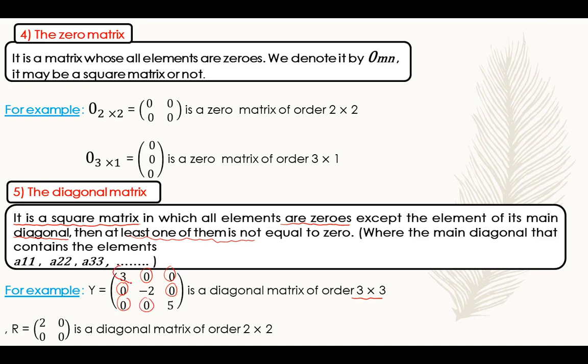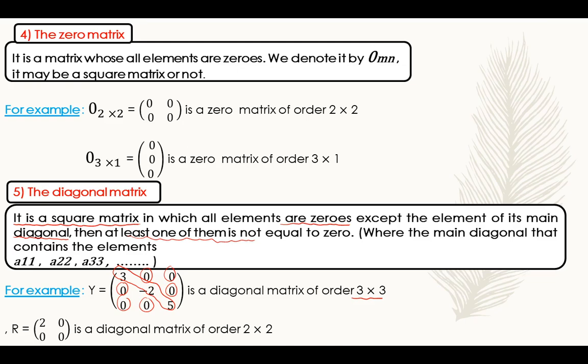This is the main diagonal, A11, A22, and A33. At least one of them is not equal to 0. Here you can see that all the elements are not equal to 0.